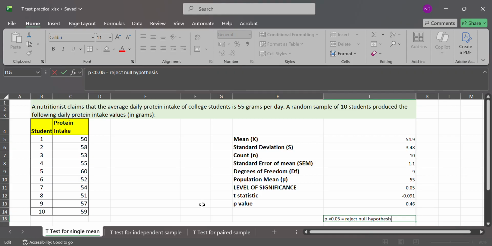So my inference is that the sample of 10 students has a mean value which is significantly different from the population mean value, which was 55 grams per day.